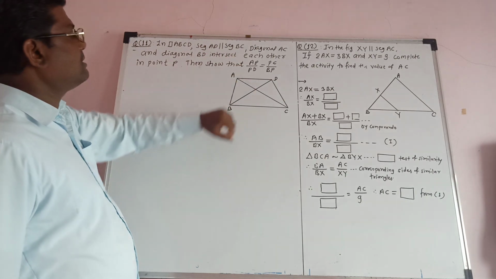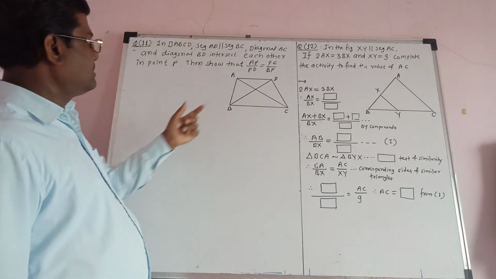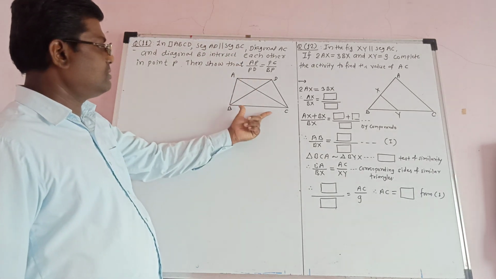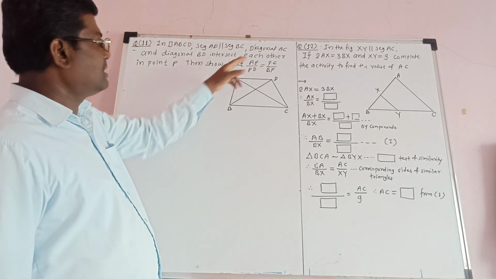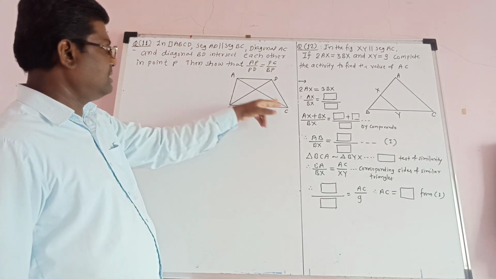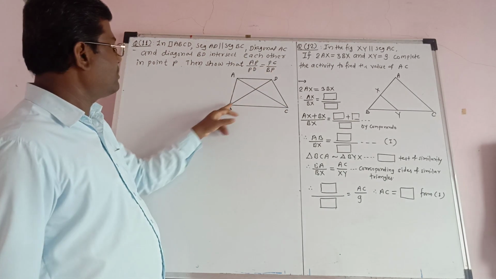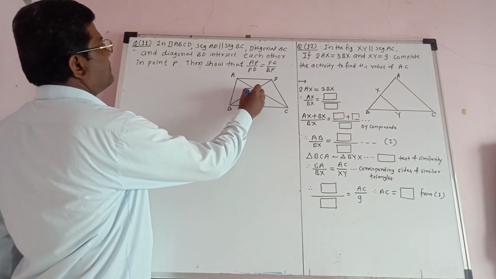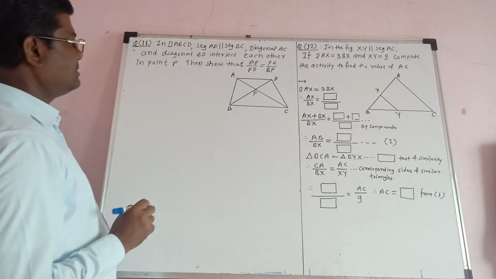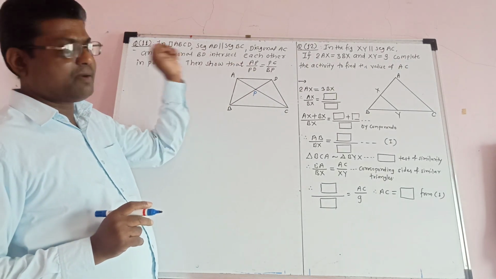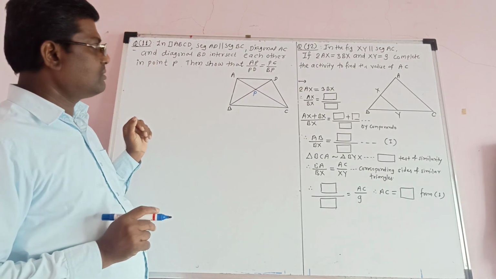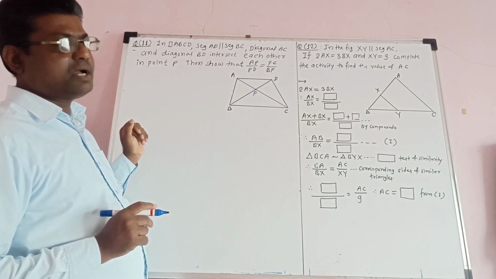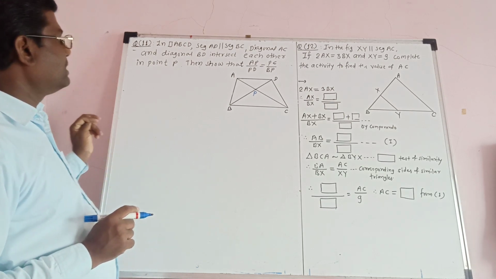Number 11. In quadrilateral ABCD, segment AD is parallel to segment BC, diagonal AC and diagonal BD intersect each other at point P, then show that AP upon PD is equal to PC upon BP.